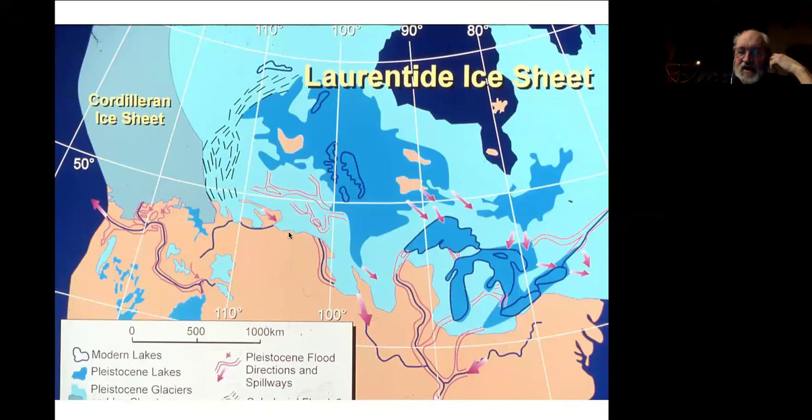Here's some more detail of the patterns of some of this flooding associated with these giant ice sheets. Here are areas in red that are channels. We would call them valleys, but so much water was filling them that they became the channels of megafloods.